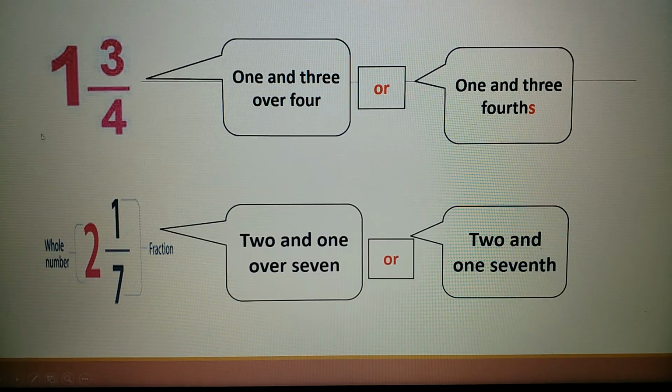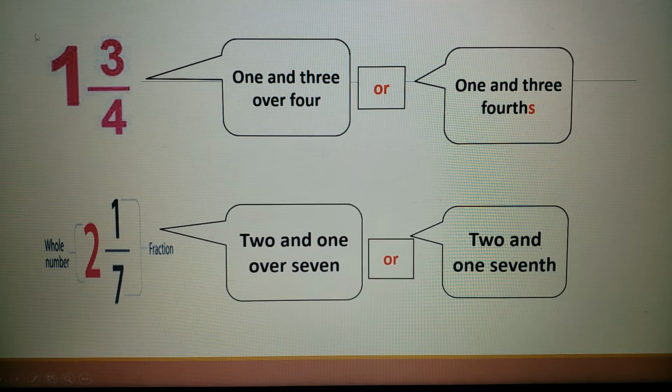And what if the fraction is a mixed number or a mixed fraction? The same. 1 and 3 over 4, or 1 and 3/4.